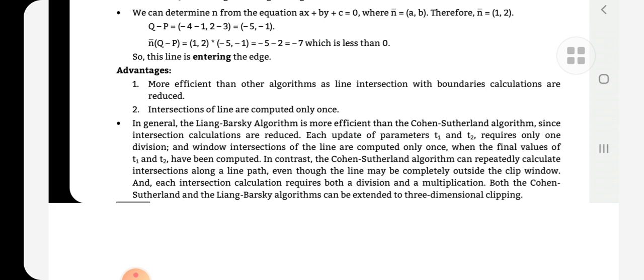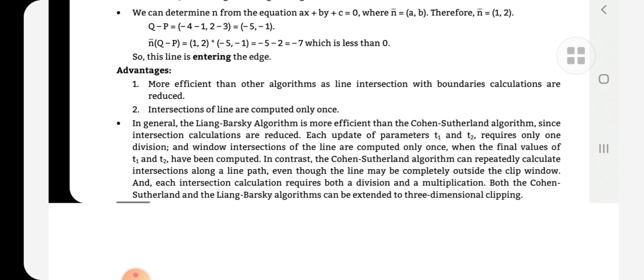Each update of parameters T1 and T2 requires only one division, and window intersections of the lines are computed only once, when the final values of T1 and T2 have been computed.